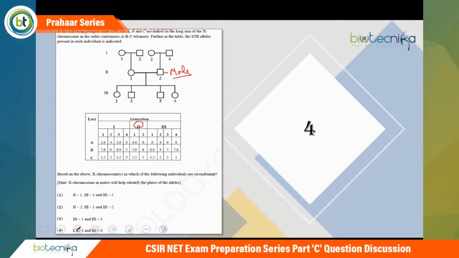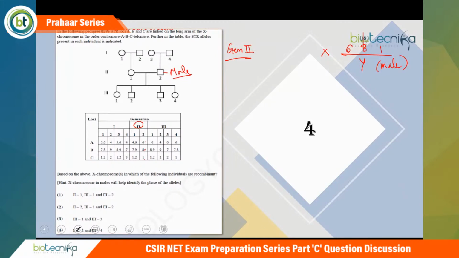So that's why the males have only one allele. If I have to write the generation 2 genotype in terms of linked genes, so how will it be? This is the male that I'm writing. So it will be 6, 8, and 1. Other chromosome is Y, because this is a male.